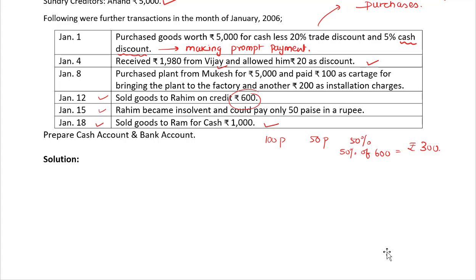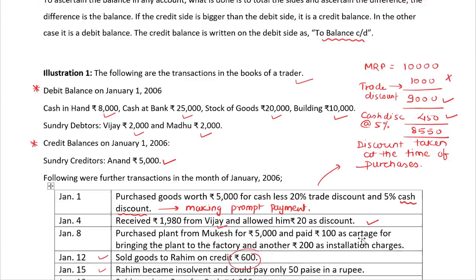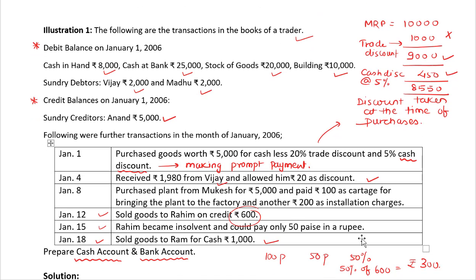What we need to prepare? We need to prepare cash account and we need to prepare bank account. We only need to prepare cash account and bank account. The whole question is there on your screen right now.